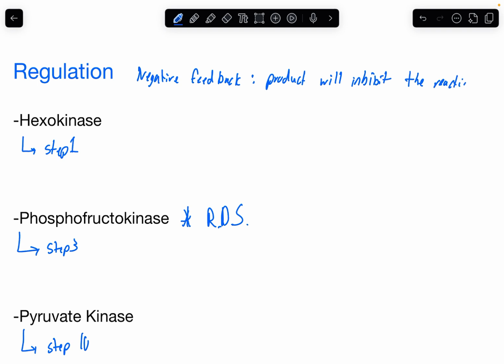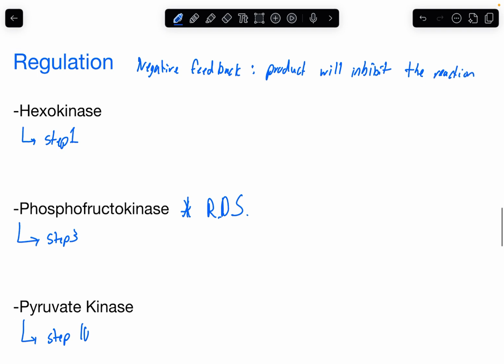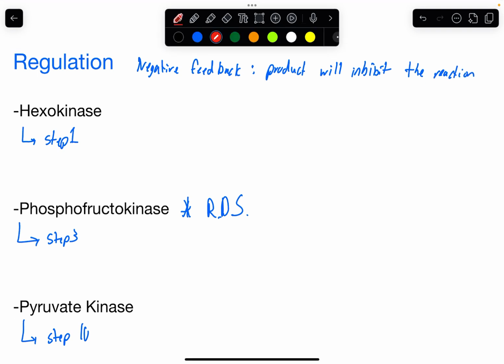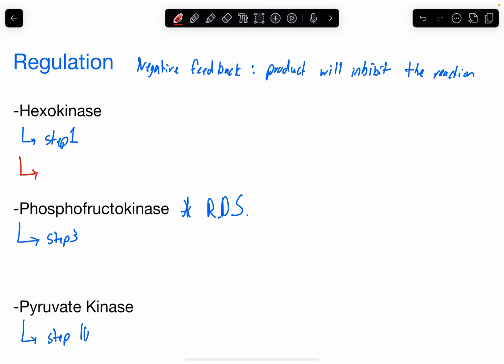Okay, so for example, for step 1, let's go red here. Hexokinase is inhibited by glucose 6-phosphate, G6P, and remember that is the product of step 1.